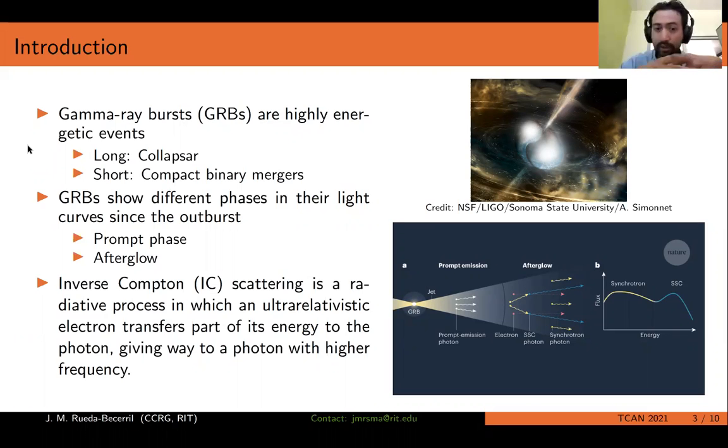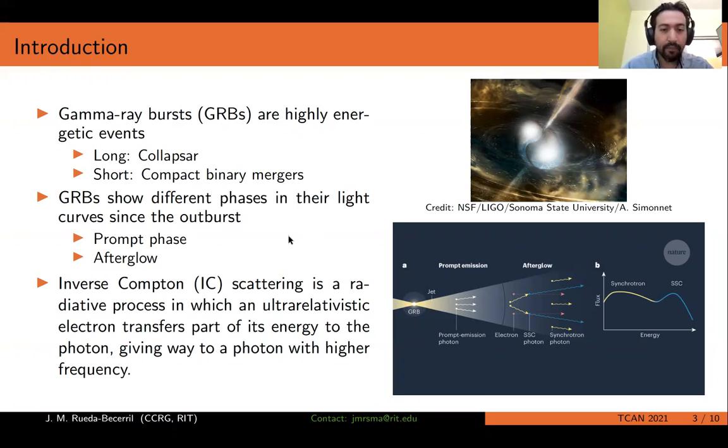And these accelerated electrons interact with the magnetic field of the jet, producing synchrotron photons. And these same synchrotron photons interact with the same accelerated particles, producing a high energy bump through the process of inverse Compton, called the synchrotron self-Compton.